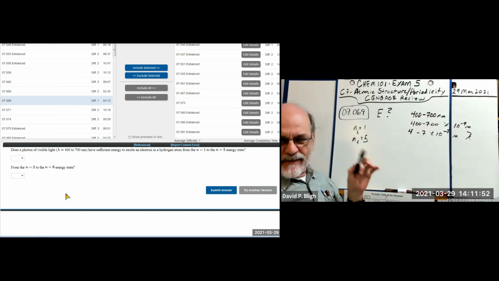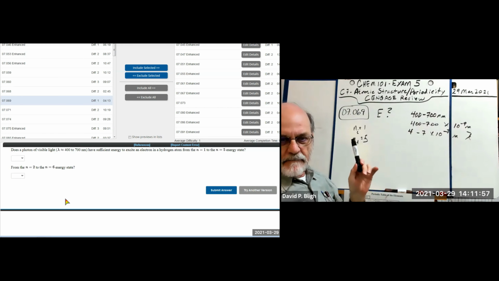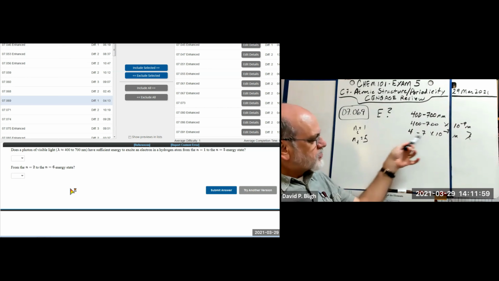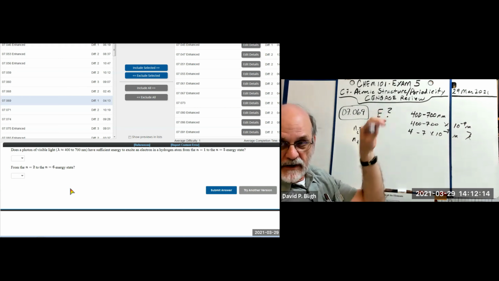Okay, let's try to make this easier on ourselves. Which end of this spectrum has the lowest amount of energy? The longer wavelength has the less energy, right? As the wavelength gets bigger, frequency gets smaller.